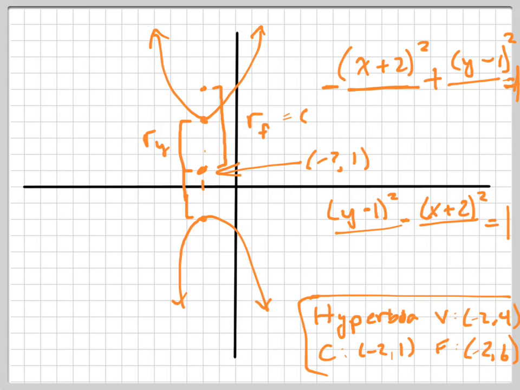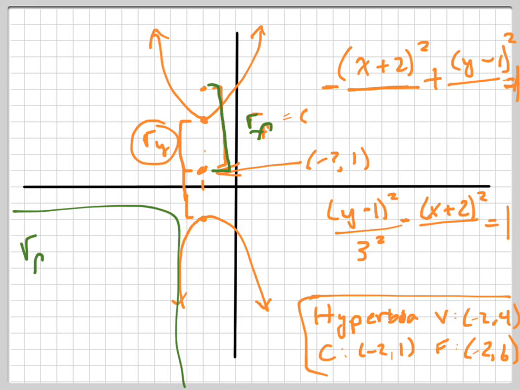Now underneath the x is going to be r sub x squared, which we don't have yet, and r sub y squared is 3 squared, so that's a 9. How do we find the other one? It's always a Pythagorean formula. Remember, the focal radius r sub f is the bigger of the three distances, so it's by itself in the formula.